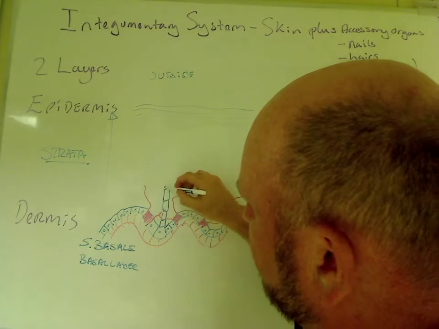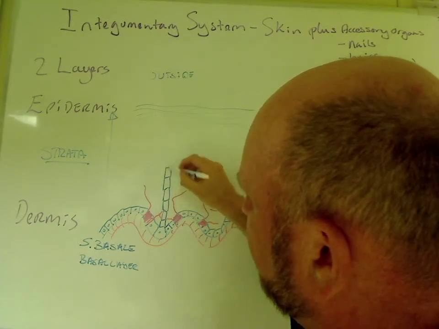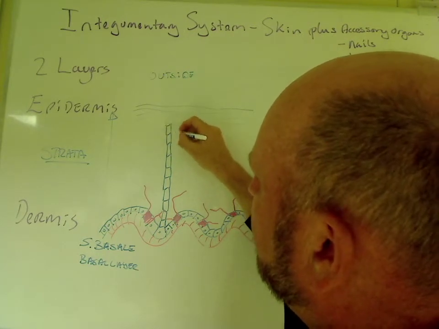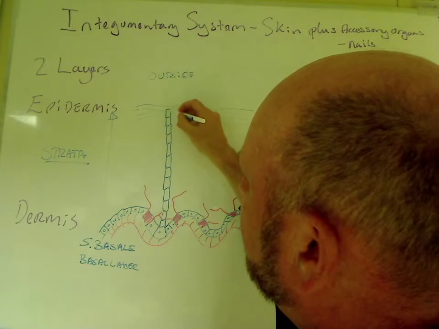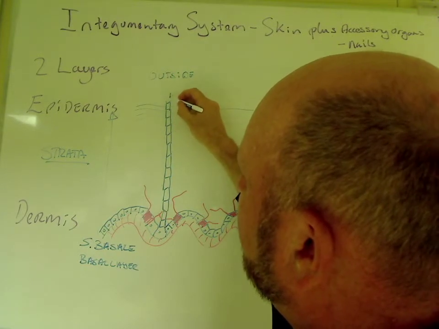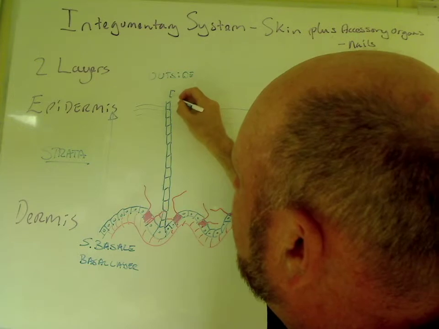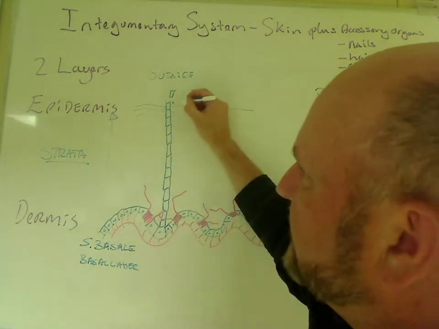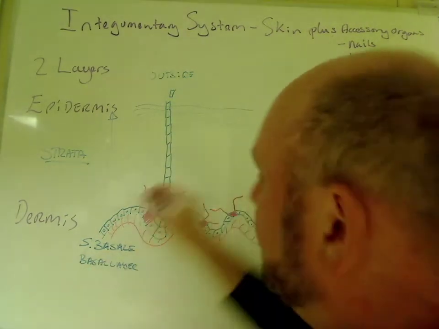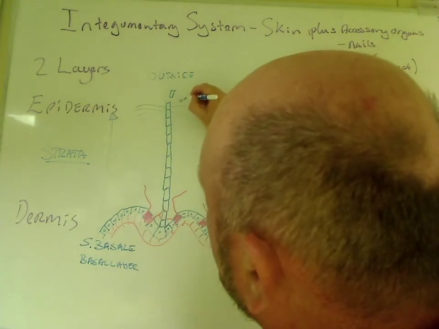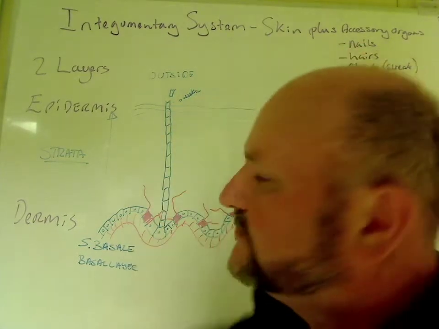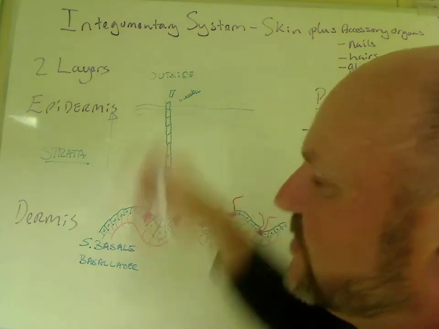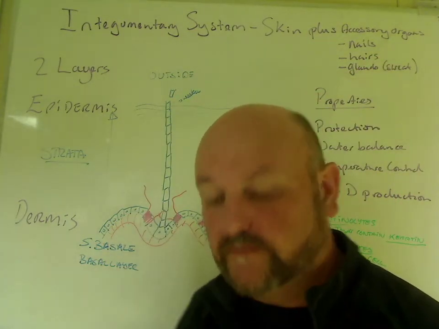And gradually, over time, a cell born here eventually ends up here. Now that process takes roughly 4 to 6 weeks for a cell born here on the stratum basale to reach the outer surface and be sloughed off.